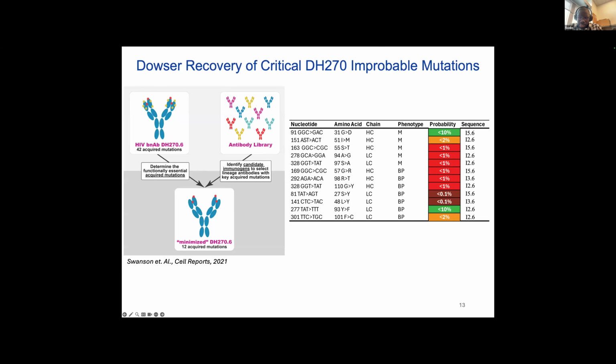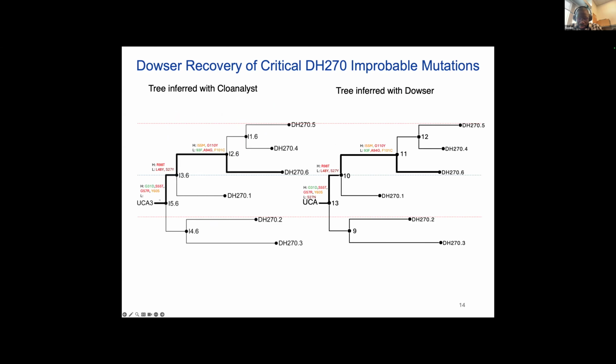So we checked for the presence of these mutations in the intermediate sequences.